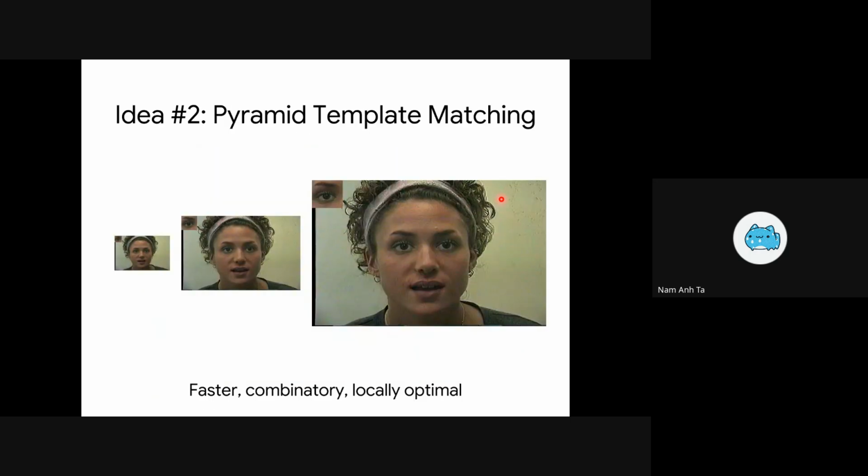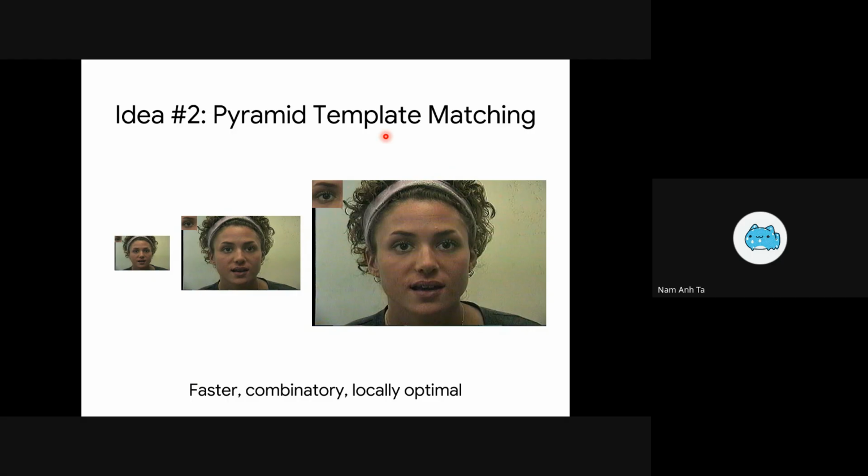The second idea is the pyramid template matching, or the coarse-to-fine approach. The problem is matching a small patch, because the thing I want to find here is the eye. If we match a small patch against every pixel of the full resolution, it will be very slow. The solution is to downsample the image to create a pyramid.